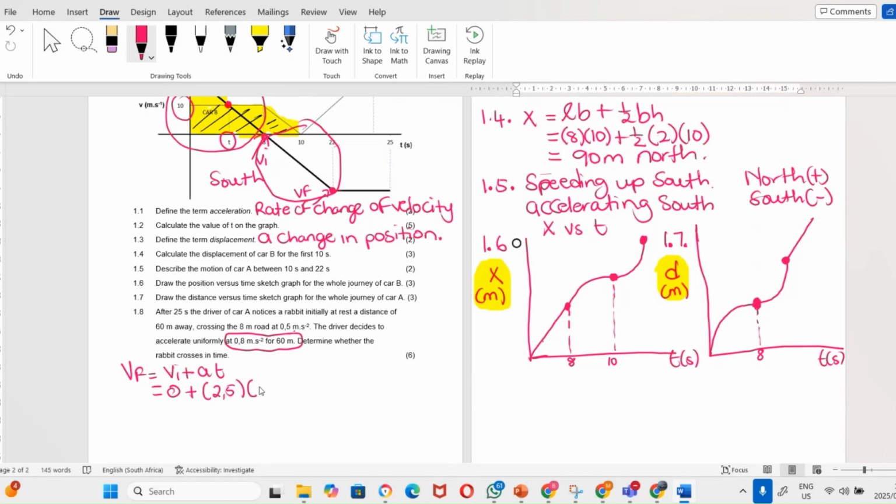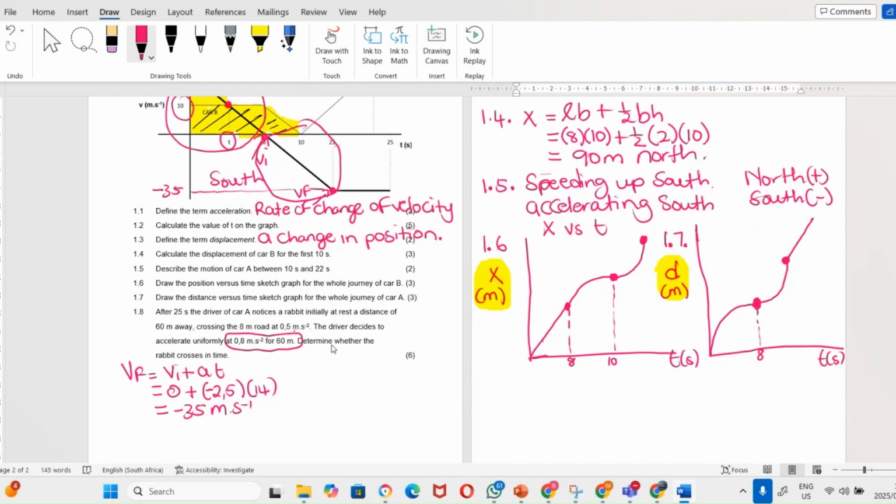And then the time, so 22 minus 8, that should be 14. You can substitute it as negative, because the value that you must get anyway for velocity under the graph is negative. That would give you negative 35 meters per second. So that value there on the graph is negative 35.